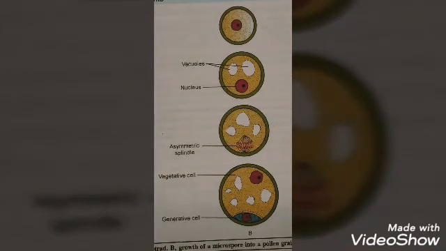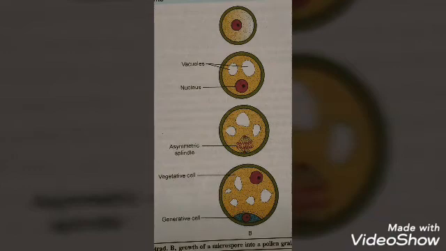Pollen grains are liberated at the two-celled stage in about 60% of angiosperms. In the other species, pollen grains are liberated at three-celled stage, where the generative cell has divided mitotically to form two male gametes.